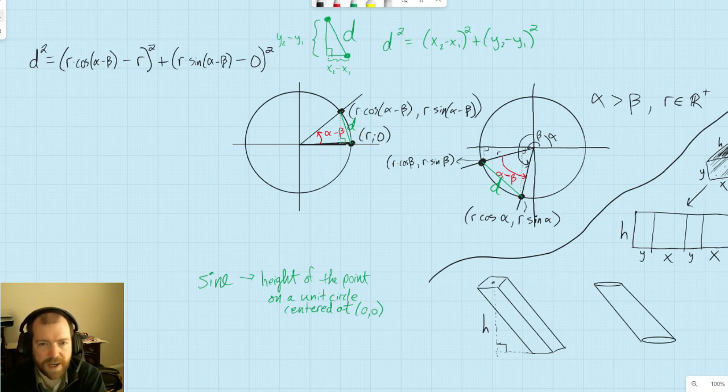So subtract your x's to get the component in the horizontal direction. Subtract your y's to get the component in the vertical direction.